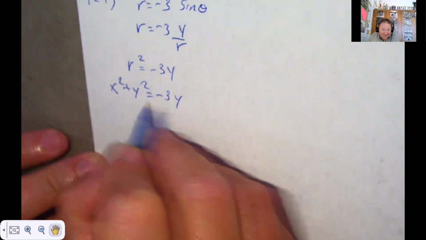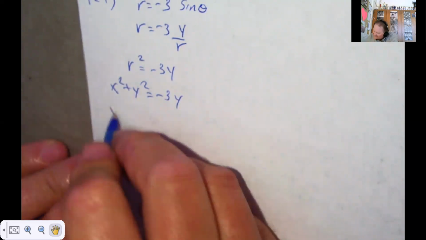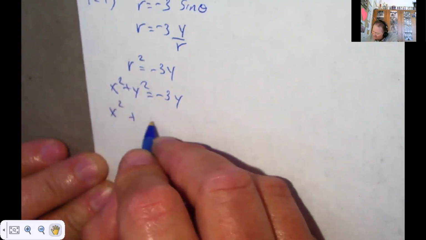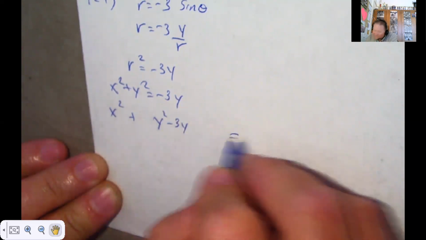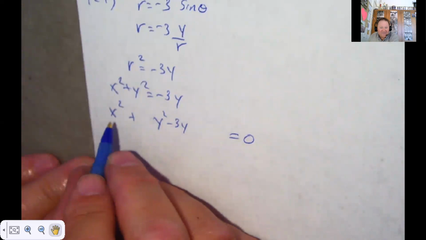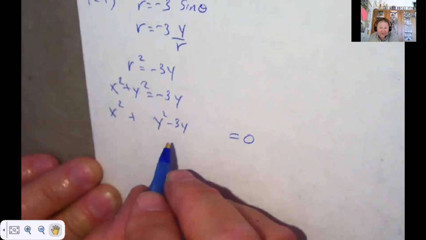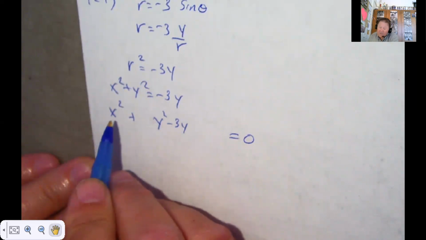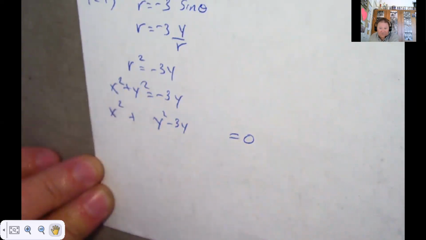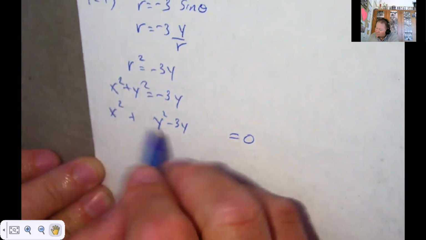Okay, let's set one side equal to 0. And it's going to be x squared plus y squared minus 3y equals 0. Get all the x's together, get all the y's together, and complete the square twice, except I only need to complete it once because x is a perfect square. So how do we do it?